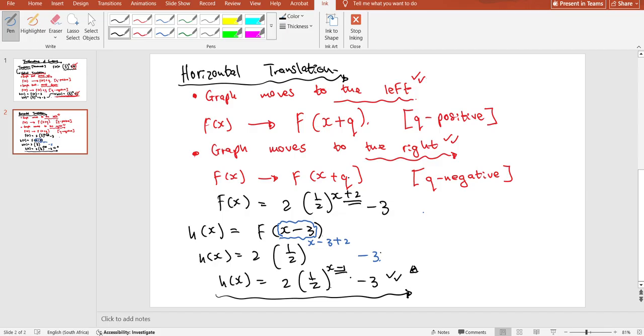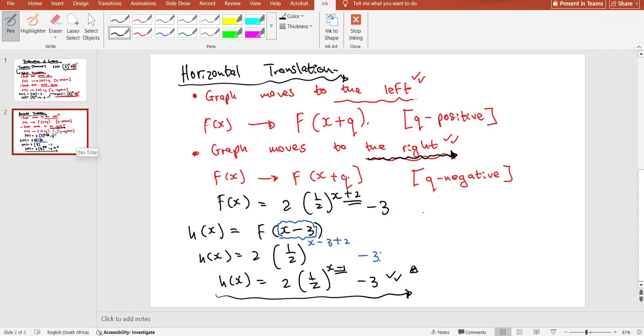So what would have happened to it? I'm definitely subtracting 3 from the x. And if I'm subtracting 3 from the x, what does that mean? It means this is a graph that is moving to the right. I hope that is making sense, guys.